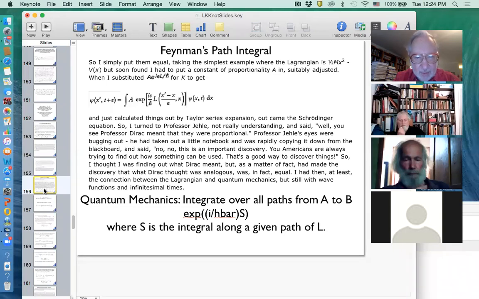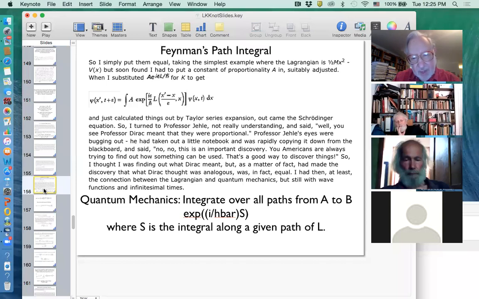So I thought I was finding out what Dirac meant, but as a matter of fact had made the discovery that what Dirac thought was analogous was in fact equal. I had then at least the connection between the Lagrangian and quantum mechanics, but still have with wave functions and infinitesimal times.